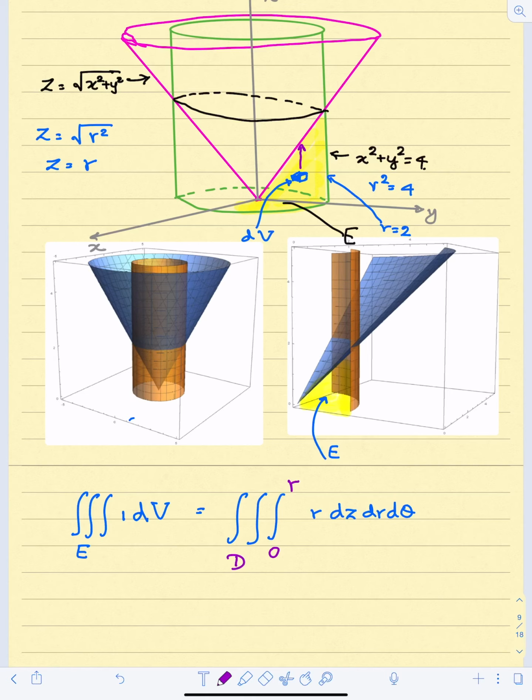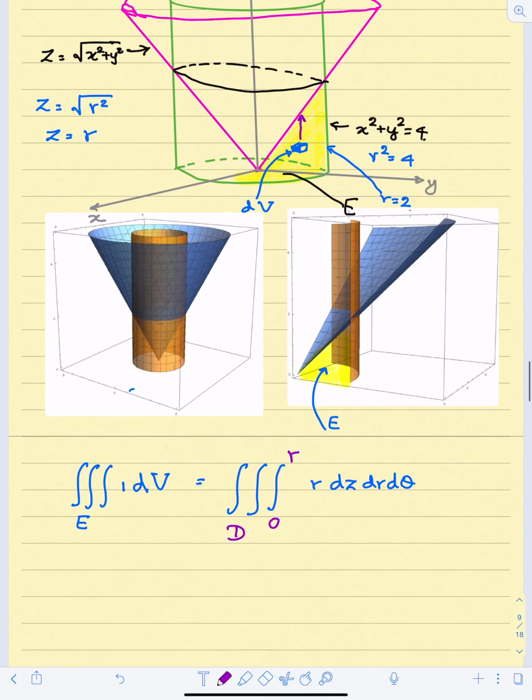Over a domain D. Now your domain D is this region. That's your domain D. It's on the xy plane.